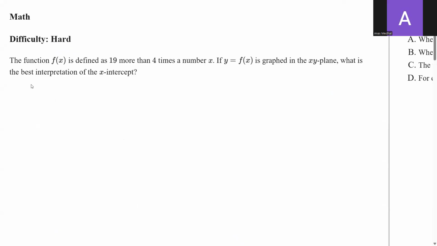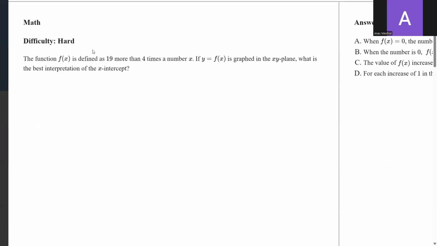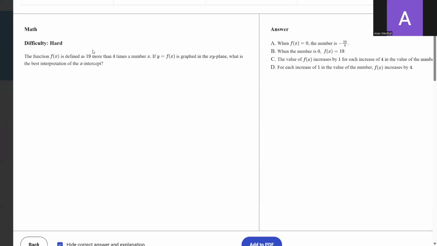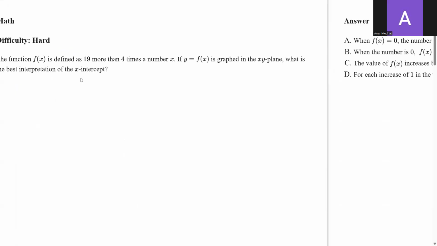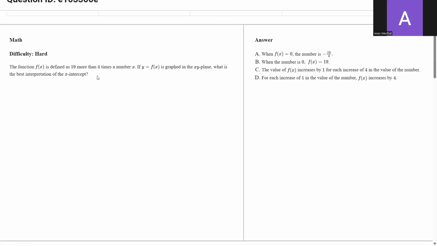Function f of x is defined as 19 more than 4 times the number x. What's the best interpretation of the x-intercept? Okay, let's solve it. f of x is defined as 4x plus 19.